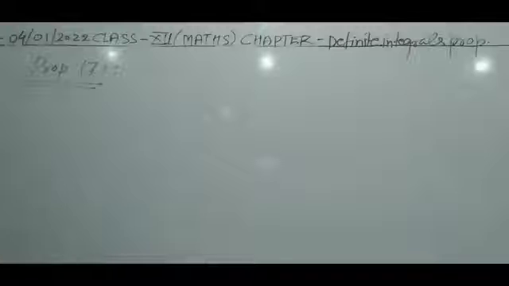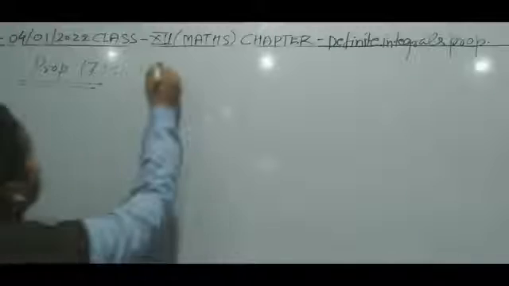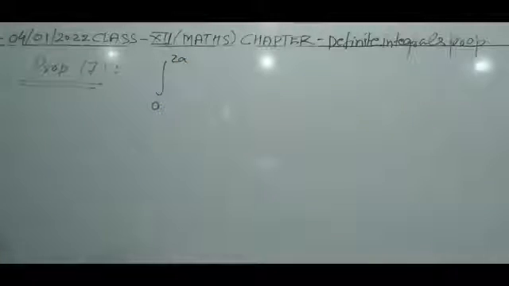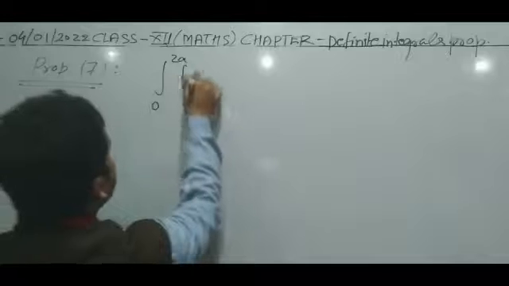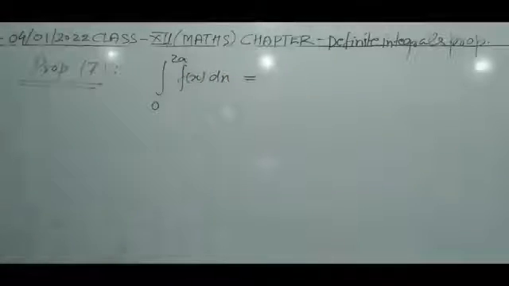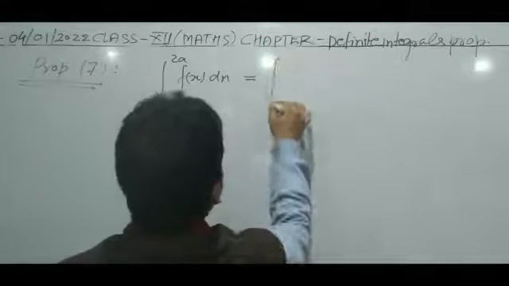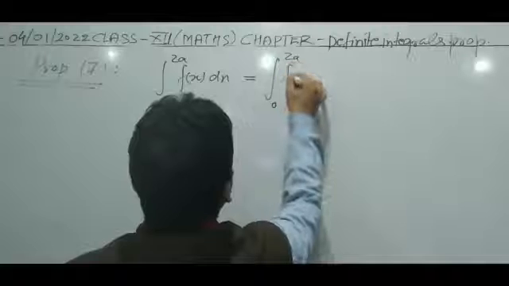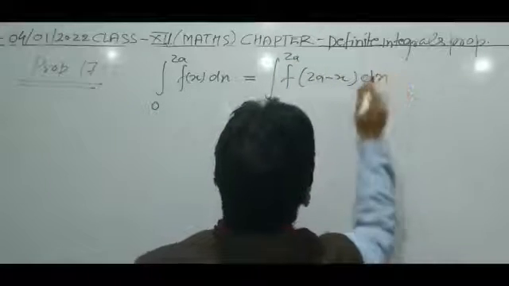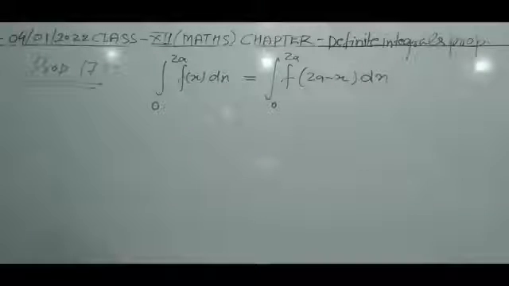Property number 7 is integration over 0 to 2a f(x) dx is equal to, what we can write, integration over 0 to 2a f of (2a minus x) dx. This is the statement we have to prove.